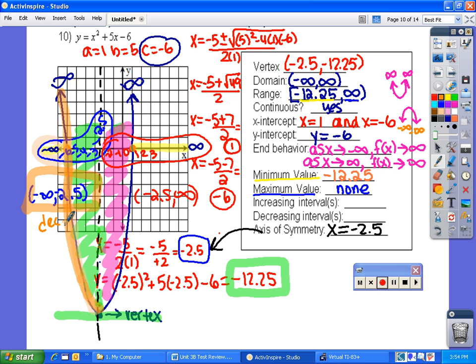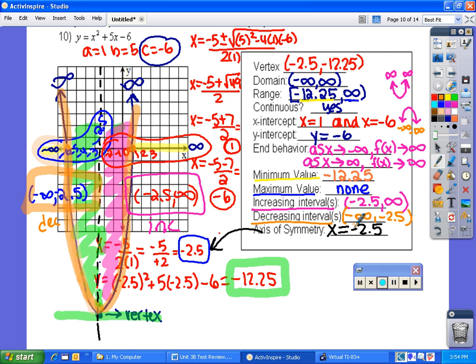And then once I go to the other side, it looks like I'm going up the hill. That means that this is my increasing interval. So the increasing interval will be negative 2.5 to infinity, and the decreasing interval will be negative infinity to negative 2.5.